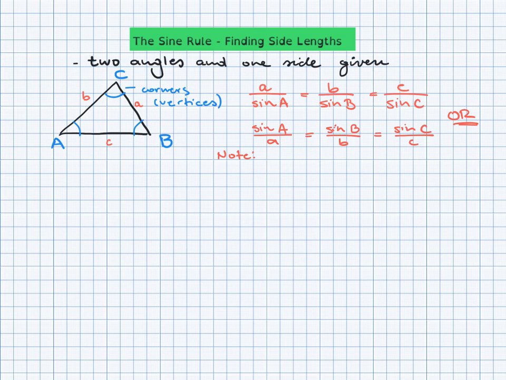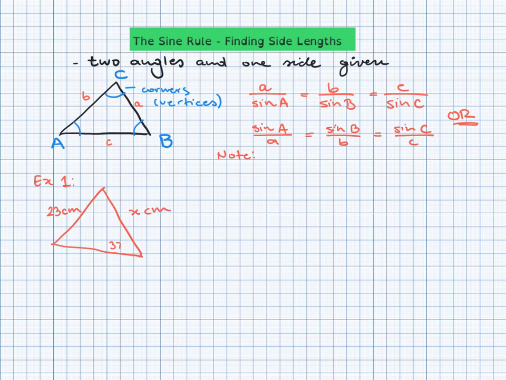Now, let's go with examples. So, let's have a look. Okay, so example one. If I have, let me have a look, okay, this is a triangle. So we have 23 centimeters, x centimeters, the unknown side.